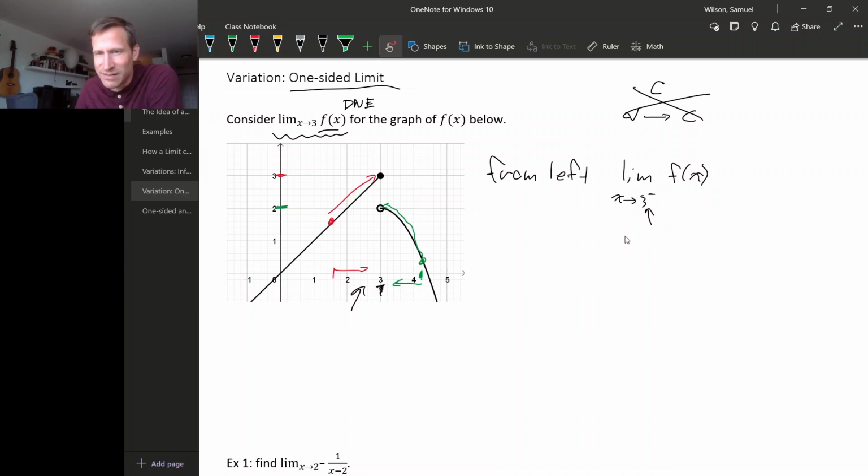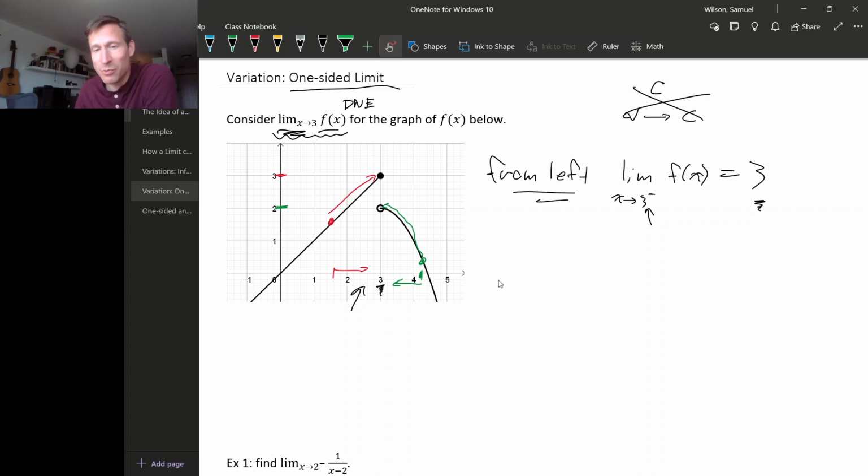So this indicates that we're approaching from the left. Now we don't have to worry about what happens from the right. We're only looking at the red arrows here. And from the left, on this graph, as we approach 3 from the left, the graph is going towards 3. So this is a one-sided limit, and it exists even when the regular limit doesn't exist.